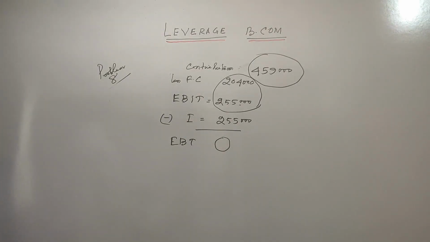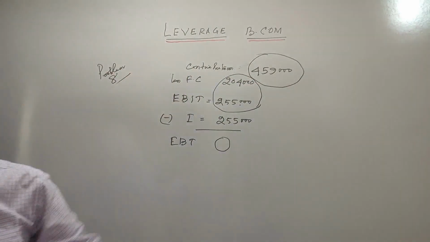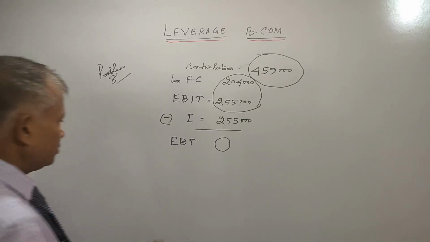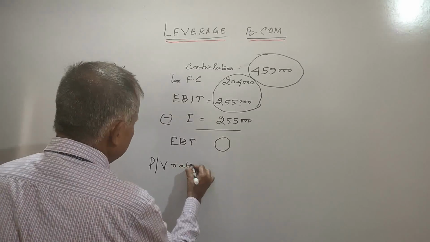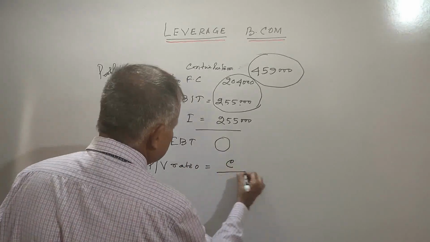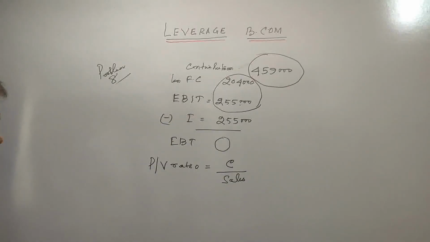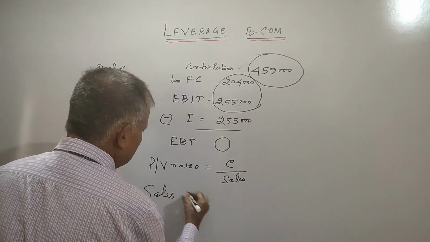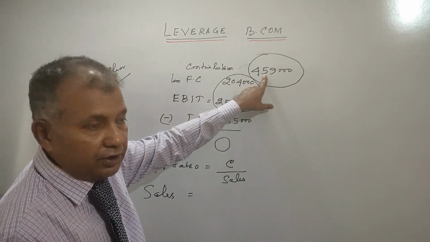Now the question is, the contribution is 4,59,000. We know the PV ratio. PV ratio is equal to contribution by sales, expressed in percentage. We want the sales to earn a contribution of 4,59,000.